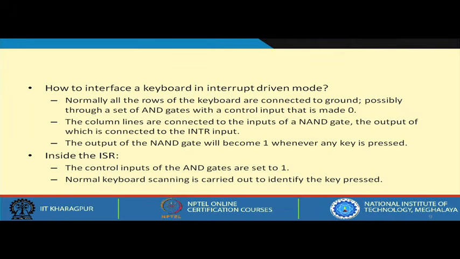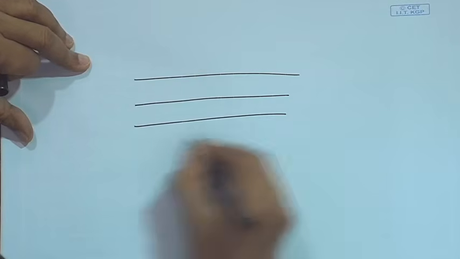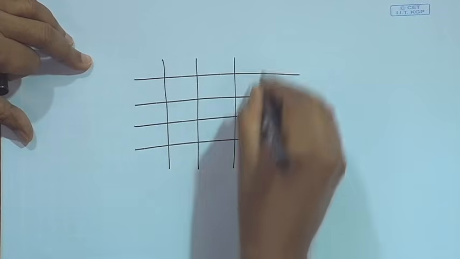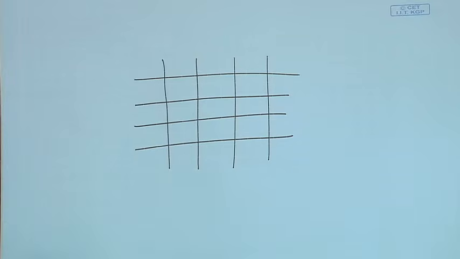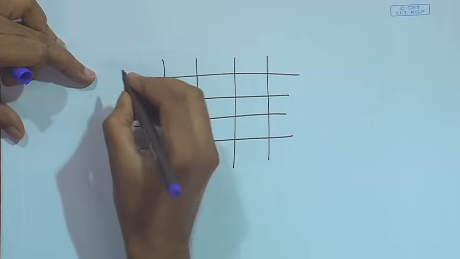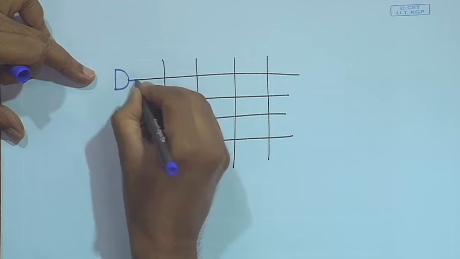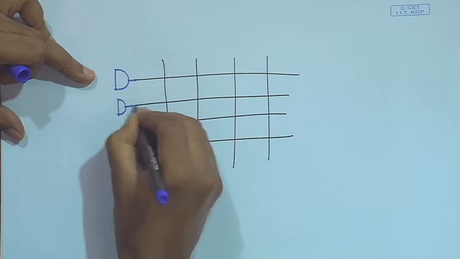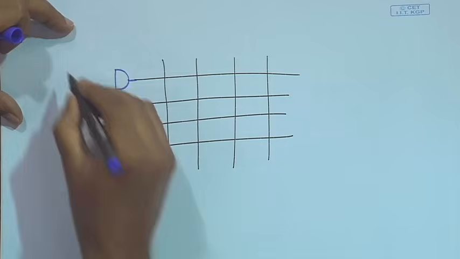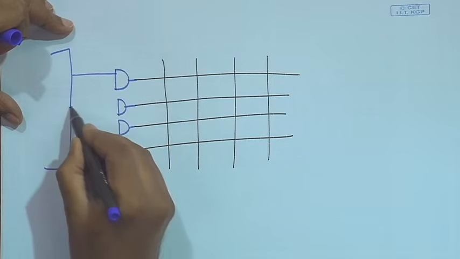So, I am again drawing the diagram, but I am not showing the switches and the resistances, just the rows and columns. 4 rows and 4 columns. So, what I am saying is that we will be connecting 4 AND gates, and the output of the AND gates will be driving the rows, and the port will be driving one of the inputs of the AND gate.